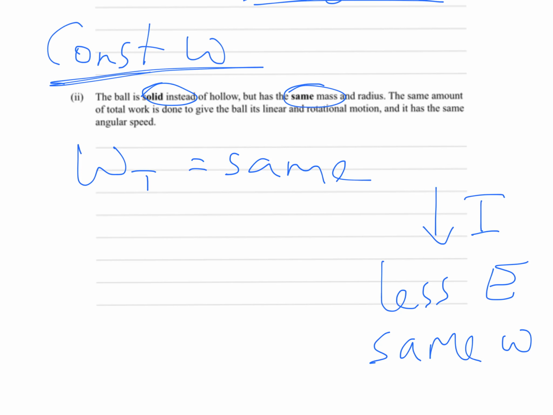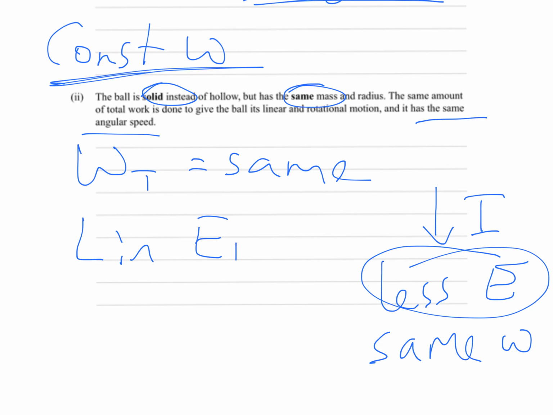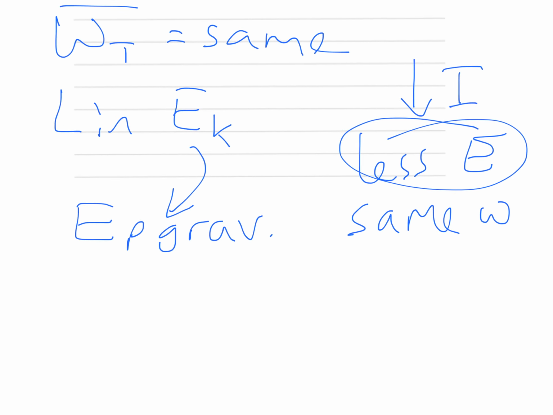So there we go, same angular speed as we saw in there. If it's got the same angular speed, but it's taken less energy to get it to that speed, that means you've got more linear kinetic energy. More linear kinetic energy means more converted to gravitational potential energy. So that means it'll go higher. And there you have it. Is there another question? That's it.